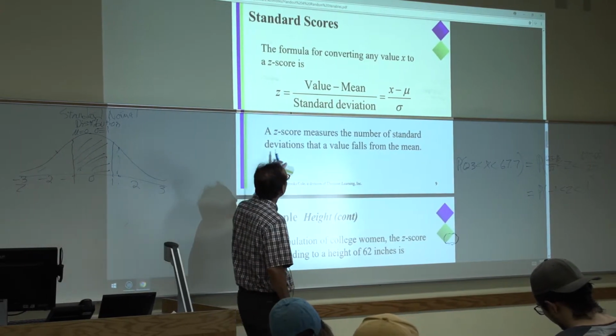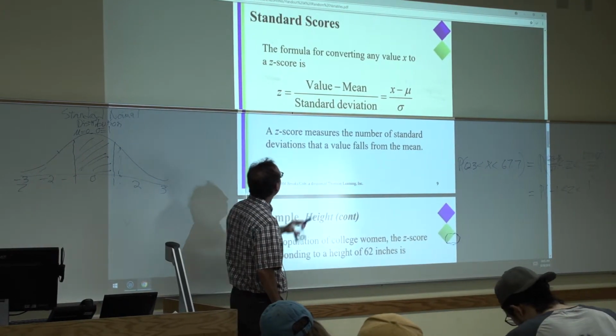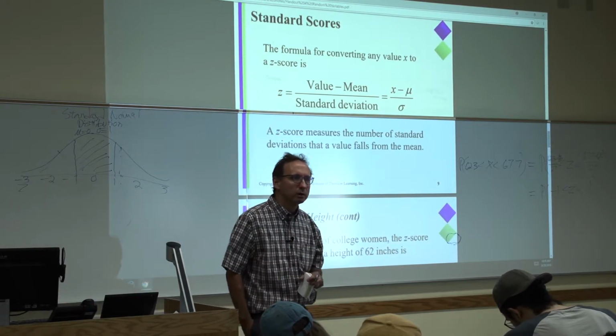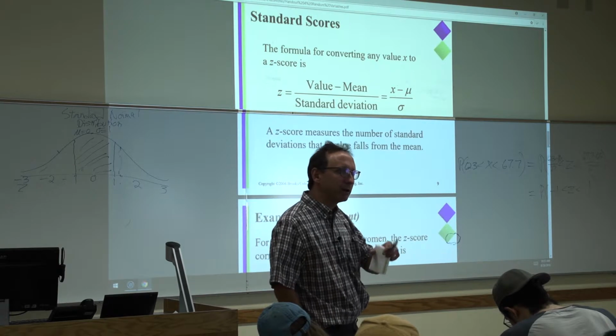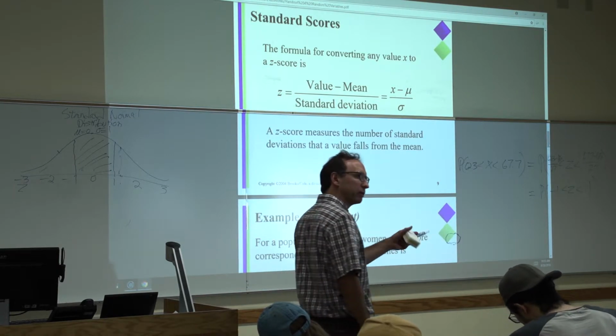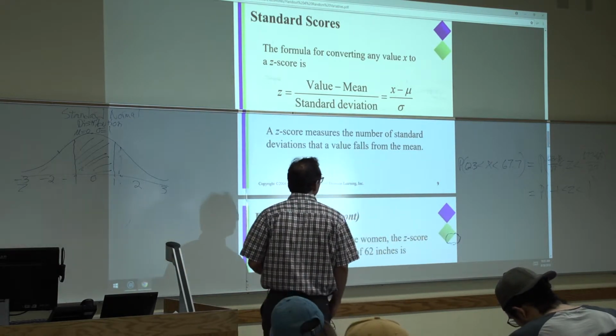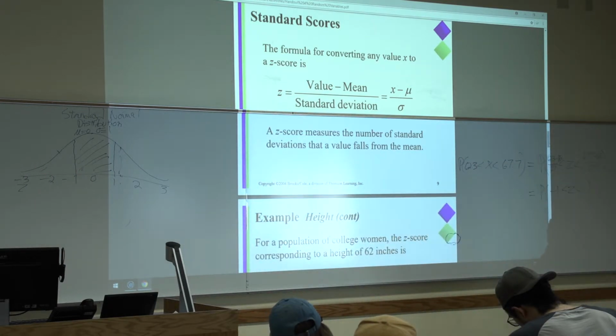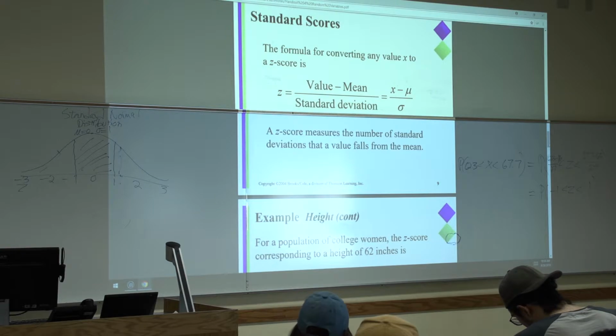And what does the z-score tell us in words? A z-score measures the number of standard deviations that a value falls from the mean. If the z-score is positive, the value is above the mean. If the z-score is negative, the value is below the mean. So the z-score for 67.7 is 1, because 67.7 is one standard deviation above the mean.